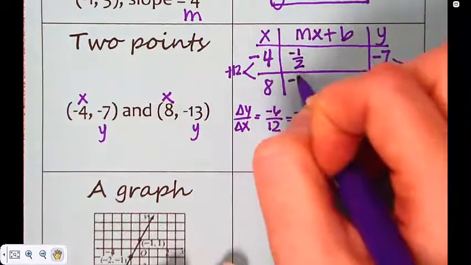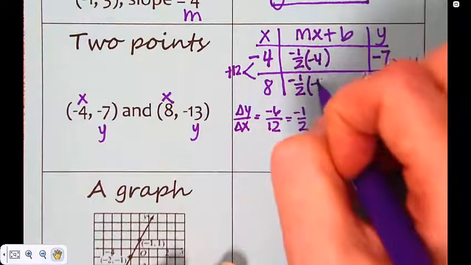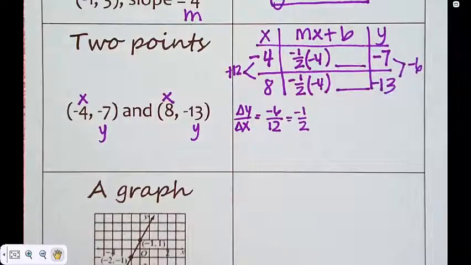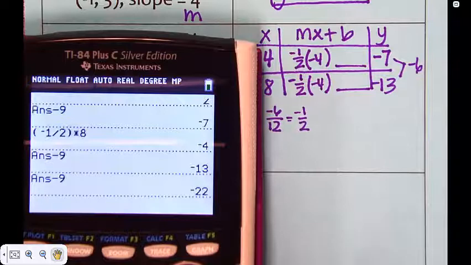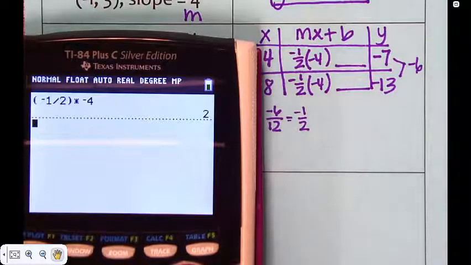So we're going to put in -1/2. Then in our x's, we're going to put in our x values there. And we need to, again, find what we add or subtract to get to our value. So let's look at our calculator here. We're going to say -1/2 times -4, and that gives us 2.